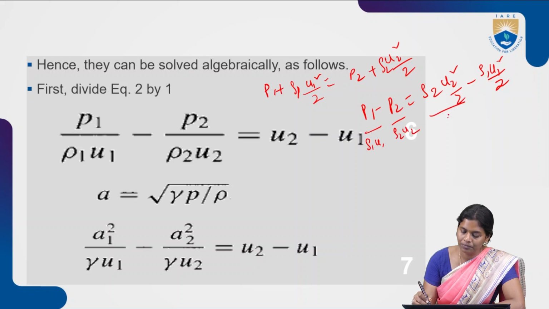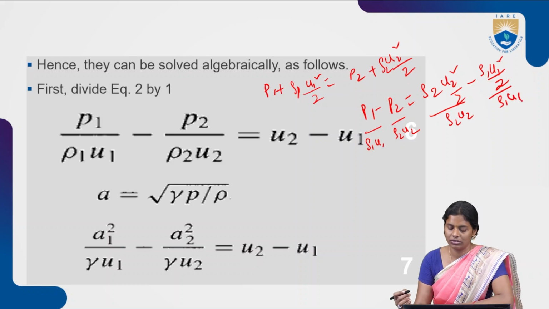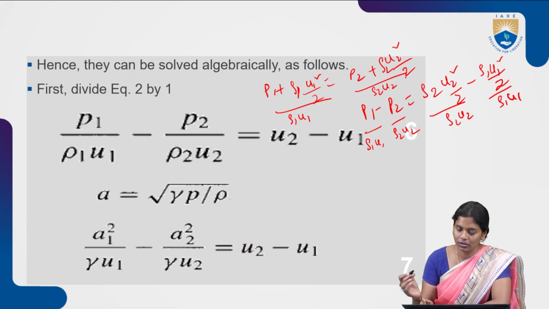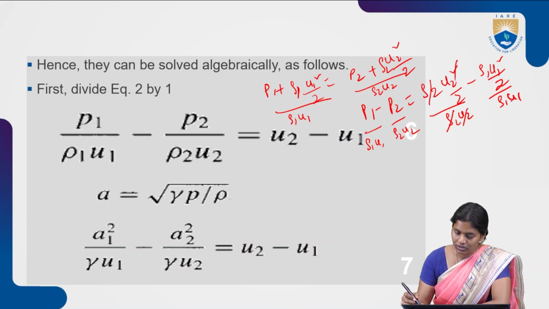So that is what the condition, right? Like dividing with rho 1 U1, this with rho 2 U2. So once you are taking out those things aside, then what we will be having? Rho 2 cancel, U2 will cancel. These two will get cancelled.